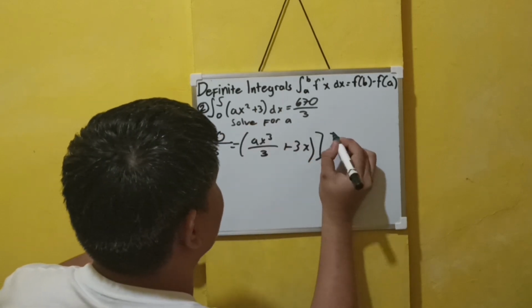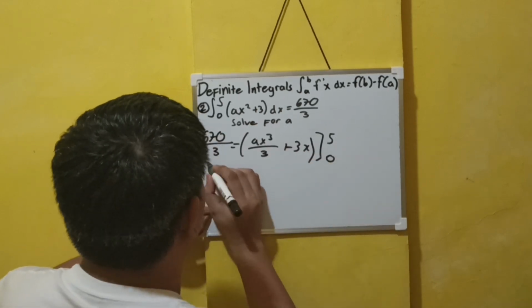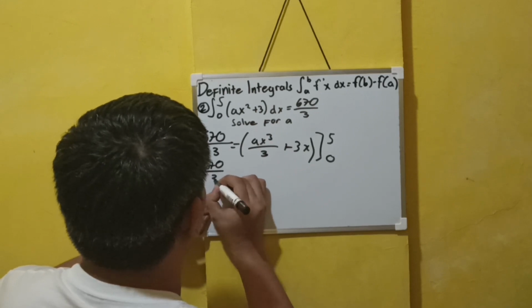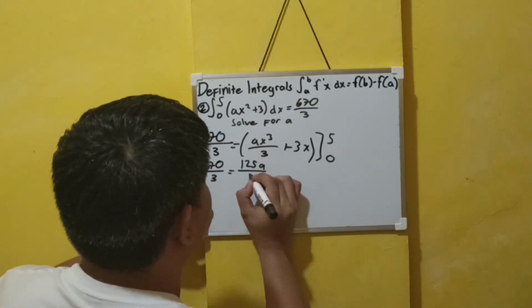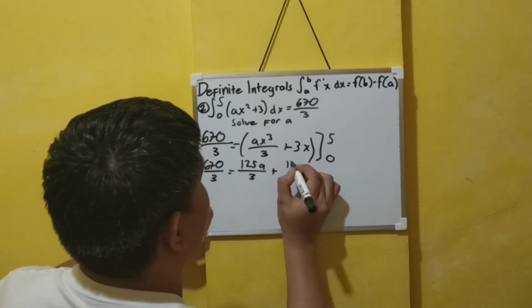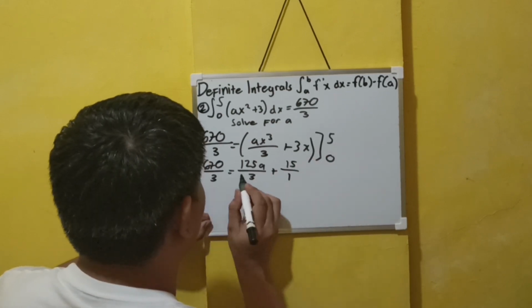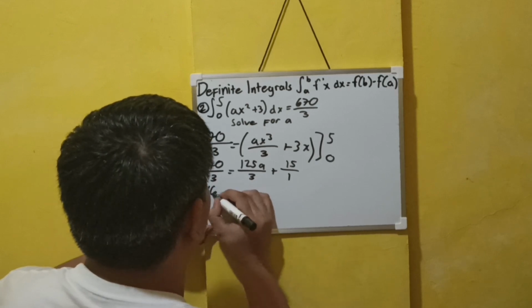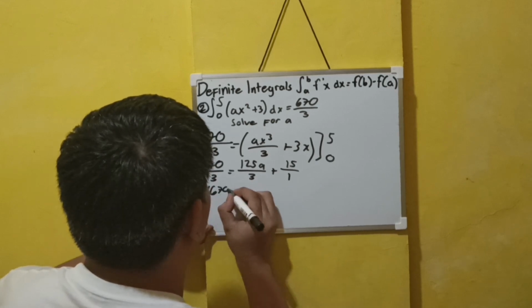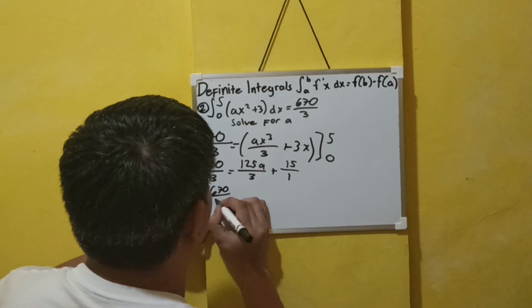Then, let's substitute 5 to x. 670 over 3 is equal to 5 cubed, which is 125a over 3 plus 3 times 5, which is 15. Next is to substitute 0 to the function, which gives us 0. So we don't have to write it.